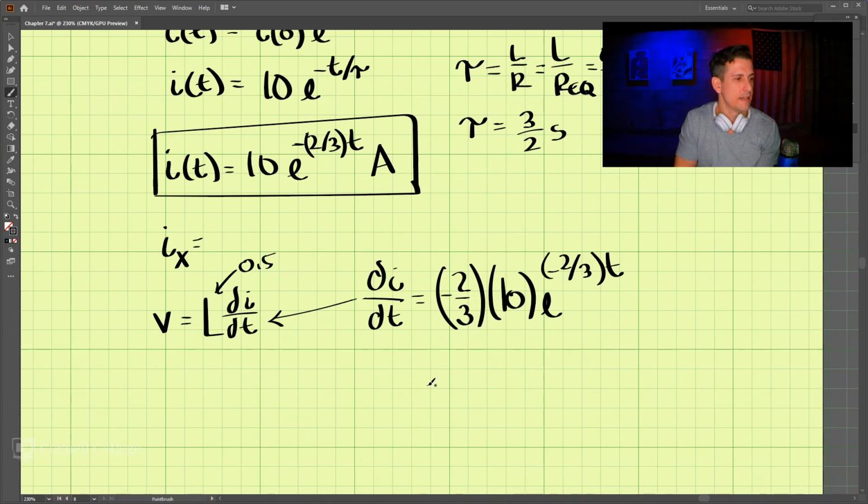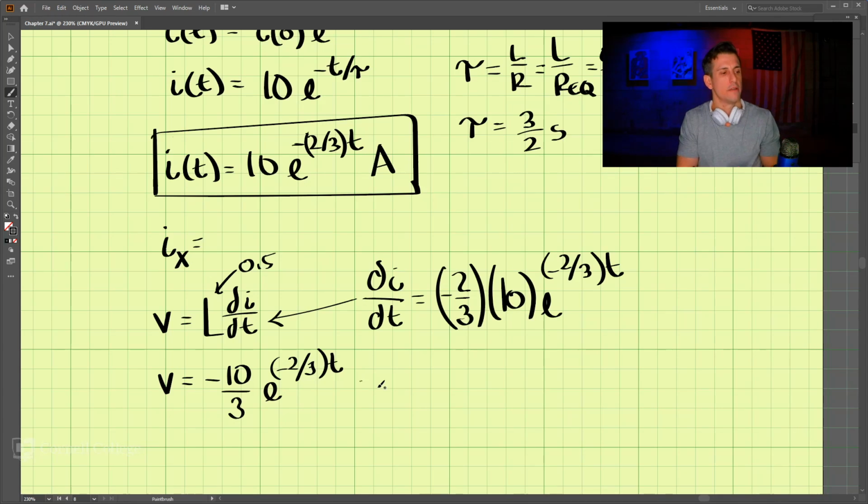So what we get is the voltage across here is negative 10 divided by 3, that's 0.5 times 2/3 times 10, e to the negative 2/3 t volts.